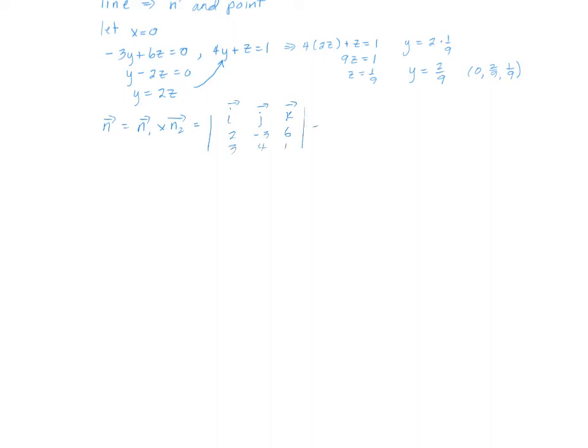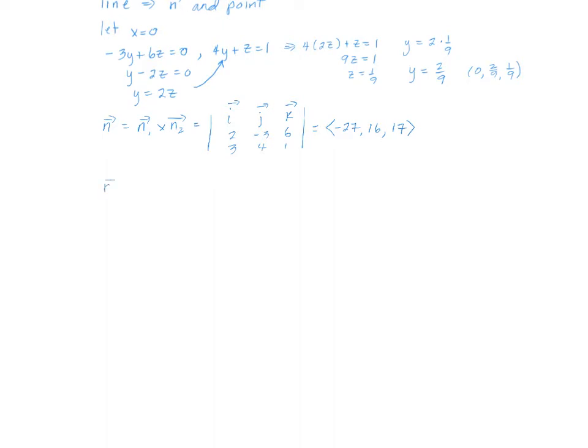And when I compute this, it looks like I get negative 3 minus negative 24, so it looks like negative 27. I'm just going to write it straight in vector form. Minus a negative 16, so that should be a plus 16, minus 17.